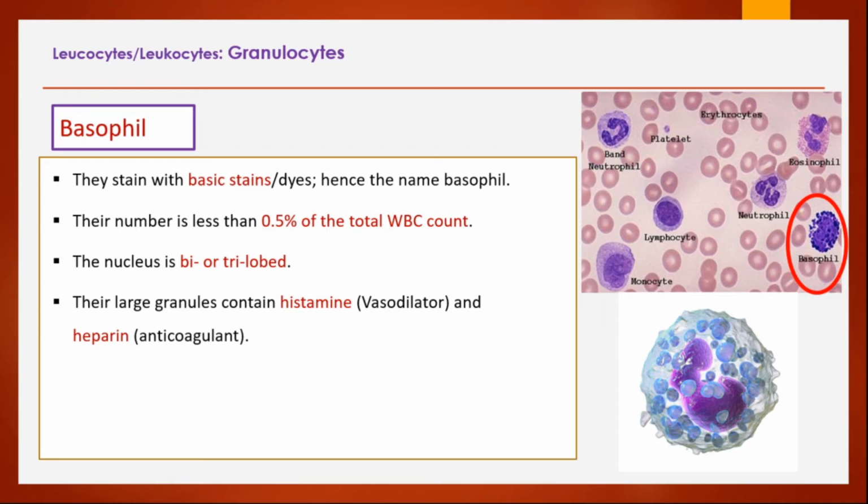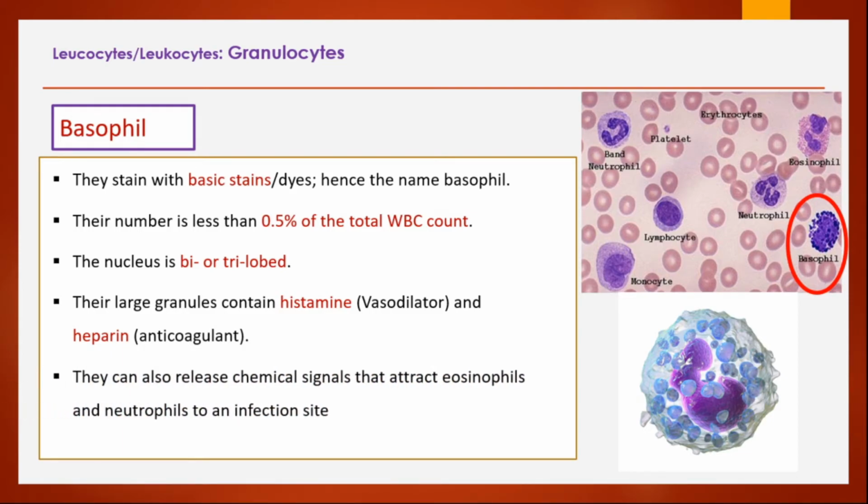Their granules contain chemicals such as histamine, which is a vasodilator that helps to relax or dilate the blood vessels, and heparin, which is an anticoagulant that helps to prevent blood clotting in blood vessels. They can also release certain chemicals that attract eosinophils and neutrophils to the infected area. Hence, their over-response may lead to inflammation.